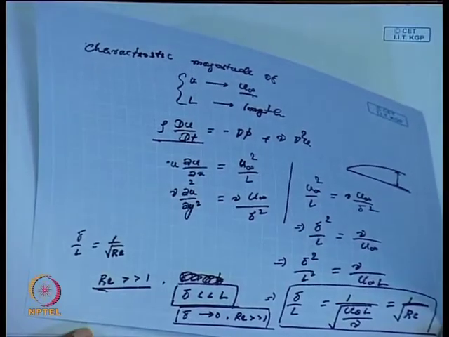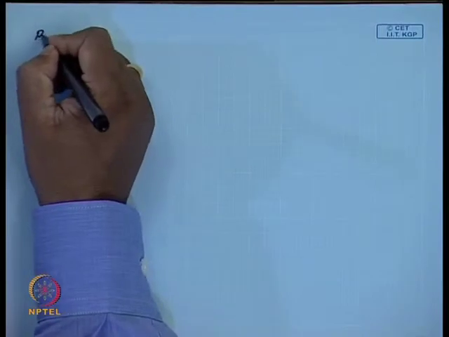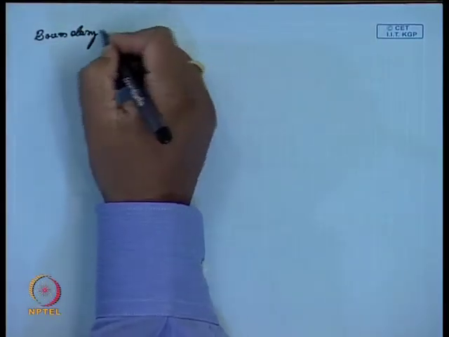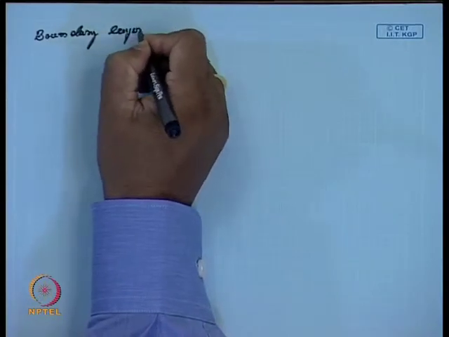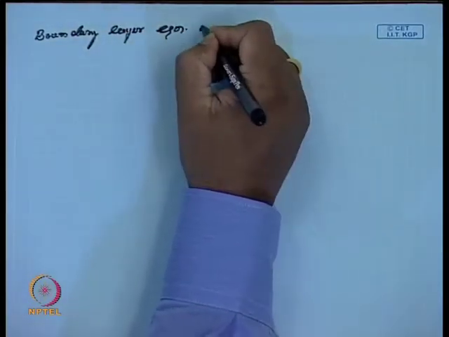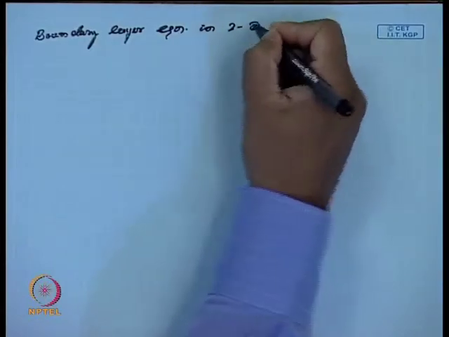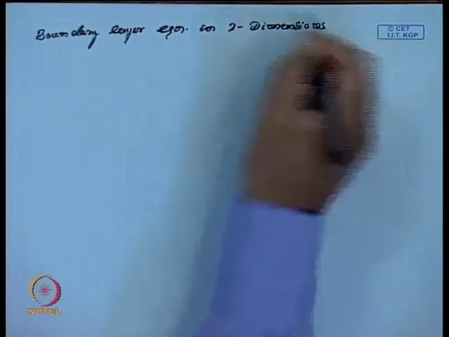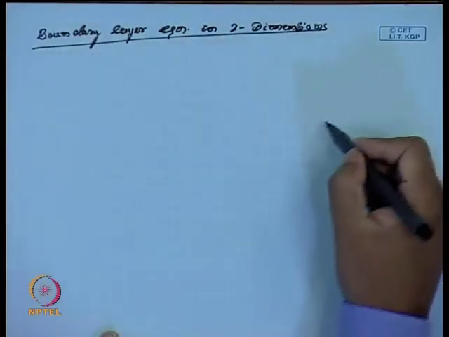Let us look at the simplest boundary layer equation, that is in 2 dimensions. Let us derive this, and that will clarify many of the questions. In 2 dimensions, let us consider a body boundary.